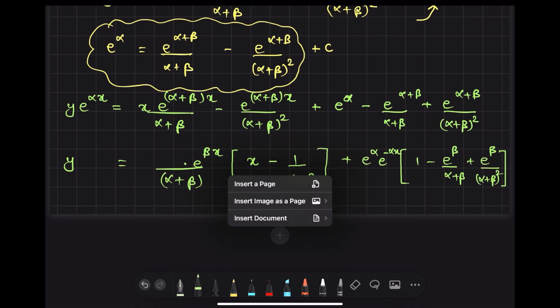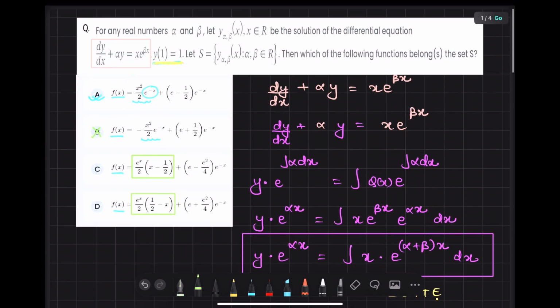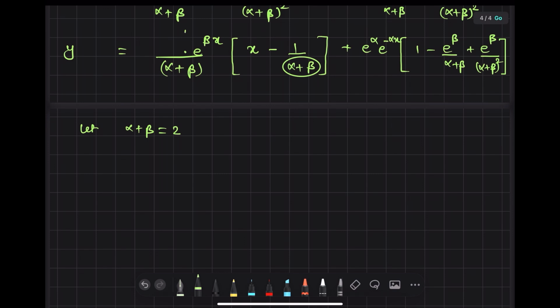Okay, so let alpha plus beta be 2. So look at this 2, you understood that here you will have 2, but with x minus 1 by 2 you want e power x. So how is it possible? It is only possible if beta is 1, that is, alpha equals 1, beta equals 1. You can have infinite combinations, okay, because they are real numbers, you are not restricted.